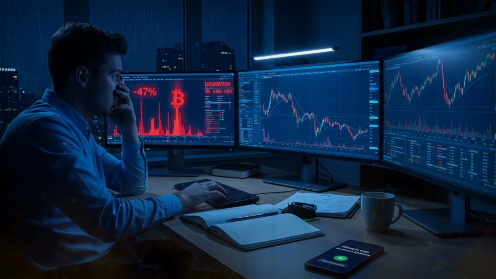The scene fades into darkness except for a single glowing candle. Learning order blocks is not about memorizing patterns. It is about understanding the market's memory. The market remembers where the battles were fought. It remembers where giants placed their orders. And because the market remembers, price returns.